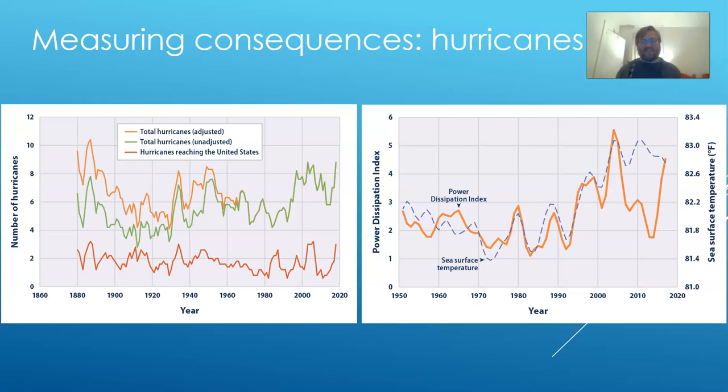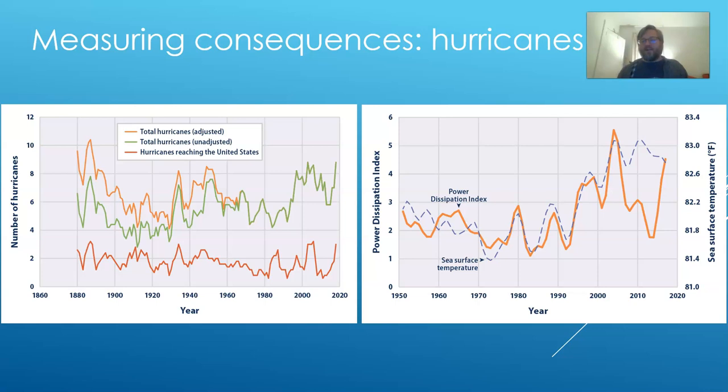There's not areas of the United States that are so big and desolate that a hurricane could hit and nobody would take notice. And if we look at that subset, look at hurricanes that hit the United States, so we know that that issue of hurricanes going unnoticed isn't going to affect that data. It's flat. There's no upward trend. So climate change is clearly not causing an increase in the number of hurricanes that we're experiencing.